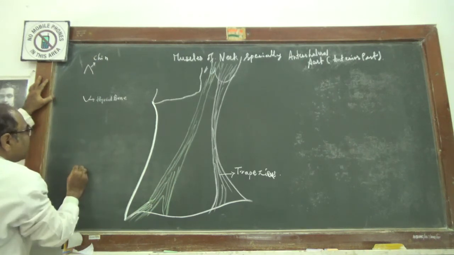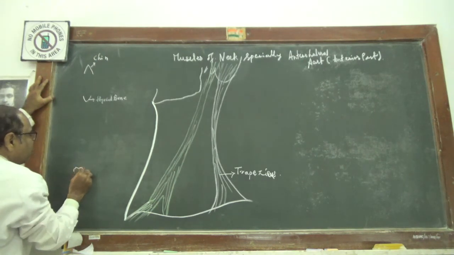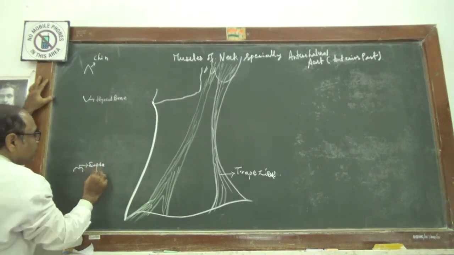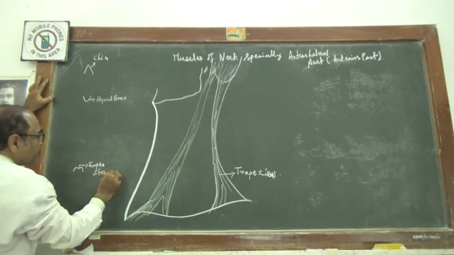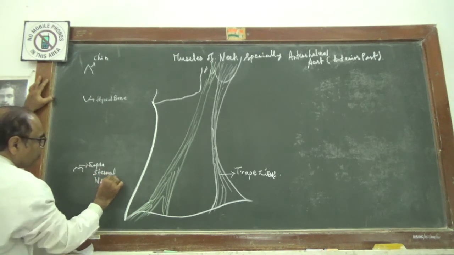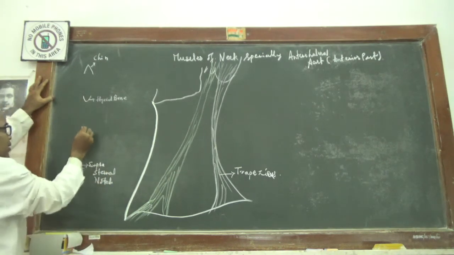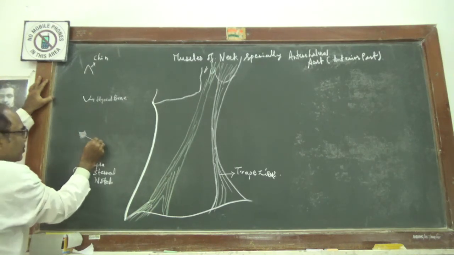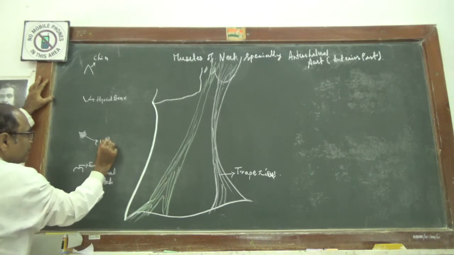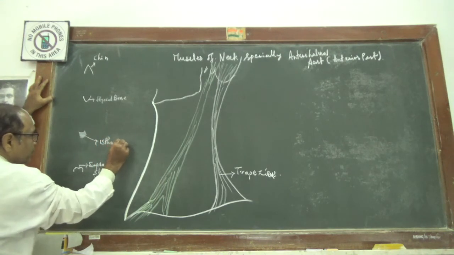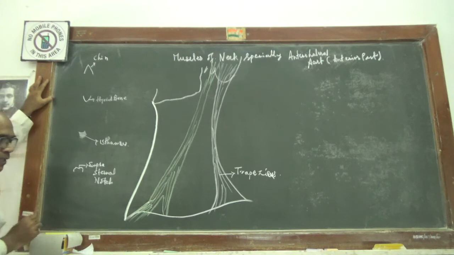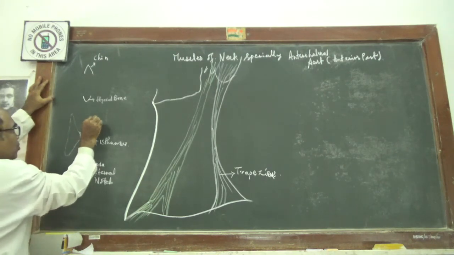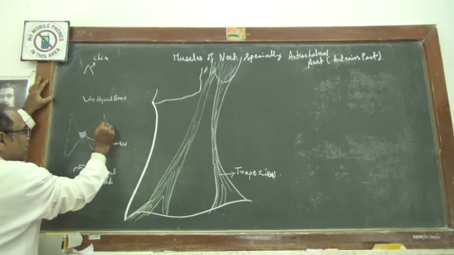Then you will have the suprasternal notch. Here there will be an isthmus, the connecting band between the two lobes of the thyroid gland.